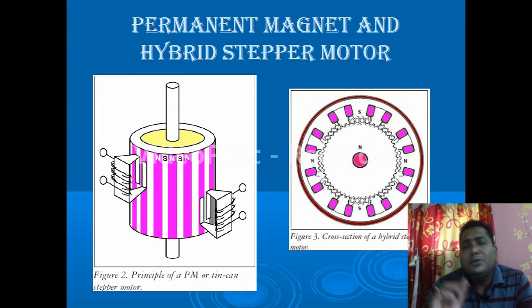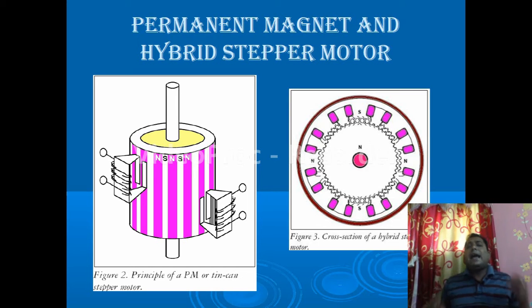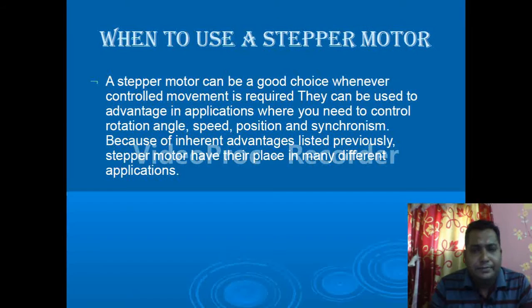The basic principle of the stepper motor is the attraction between opposite poles, north and south. Obviously, if there is a north on the stator and a south on the rotor, they will attract each other. Depending upon this principle, stepper motors are made.